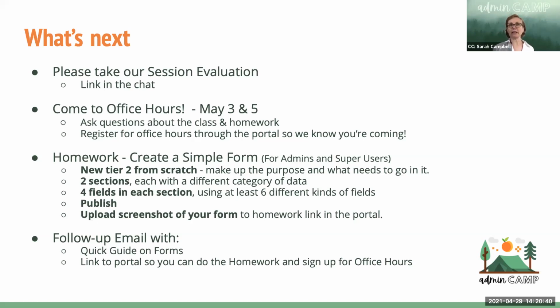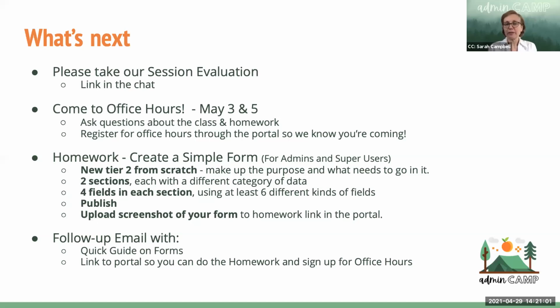The homework is to create a simple form. This is for people who have admin permissions and people who are super users who have some admin permissions to create forms. I'd like you to create a new tier 2 from scratch. You get to make up the purpose and what needs to go in it.